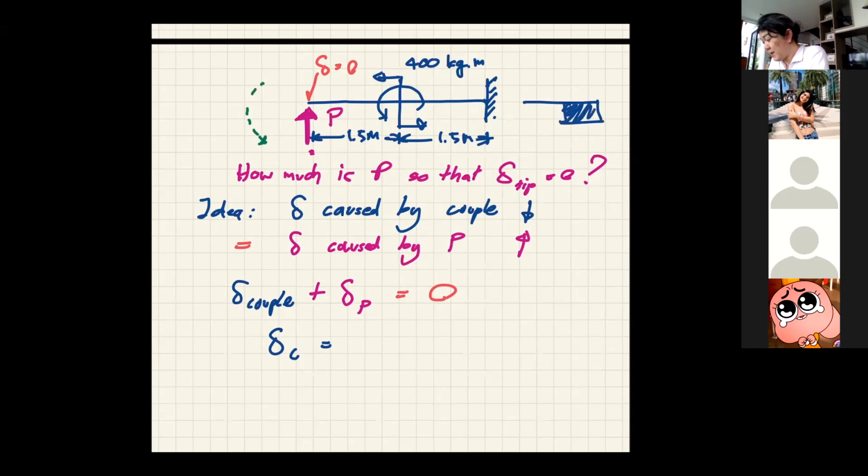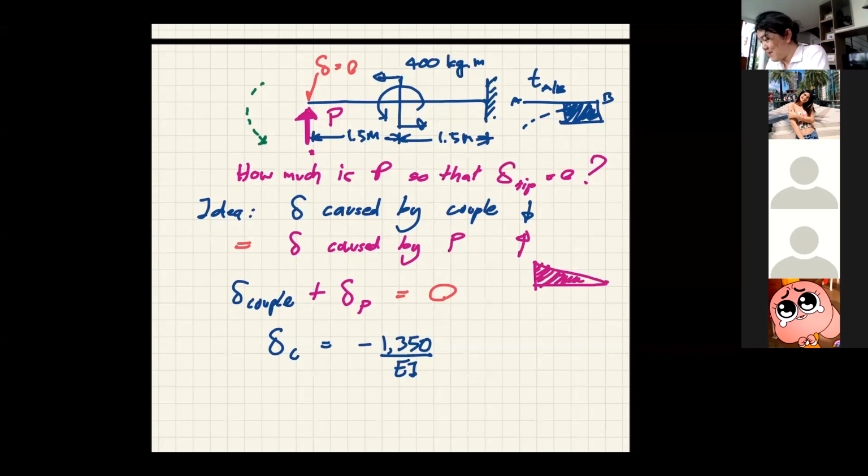And then I can use the moment area to calculate, let's say that's point A, that's B, the t_AB. That is going to give me minus 1350 over EI. Okay, if I focus on the load P, the bending moment diagram I have is going to be like that.